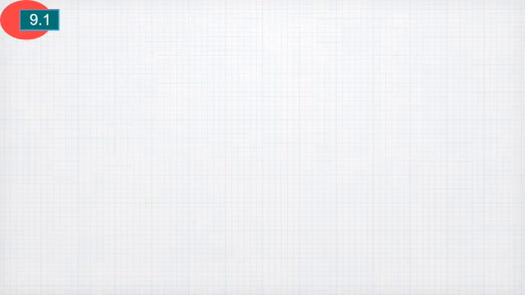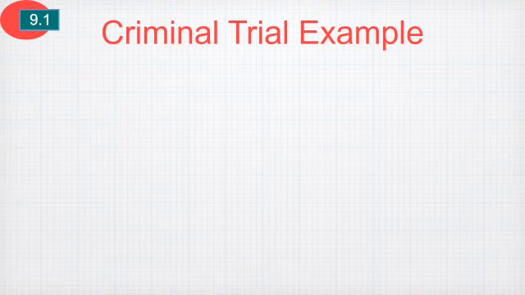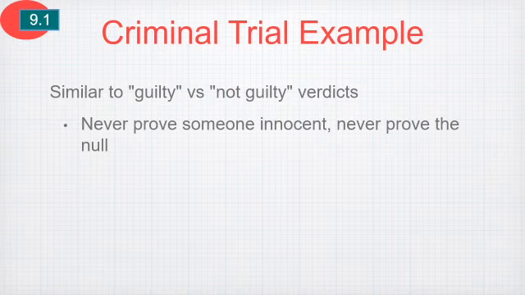The easiest way that I can describe this whole idea of we have two choices, we reject the null or we fail to reject the null, is with a criminal trial example. Okay, so basically in our court of law, we are innocent until proven guilty. So it's similar to guilty versus not guilty verdicts. We never say that someone is innocent, right?